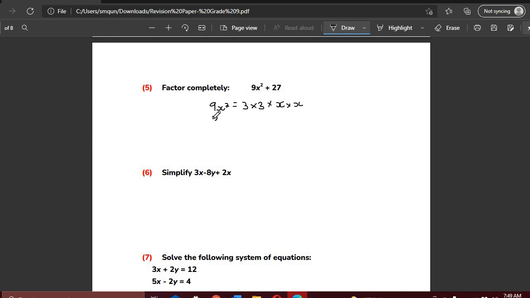Okay, let's do the same thing for the second term, which is 27. That's just going to give us 3 times 3 times 3. And remember, we're writing it as a product of its prime factors only.